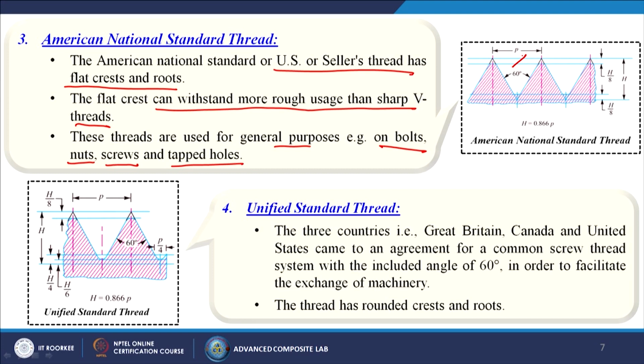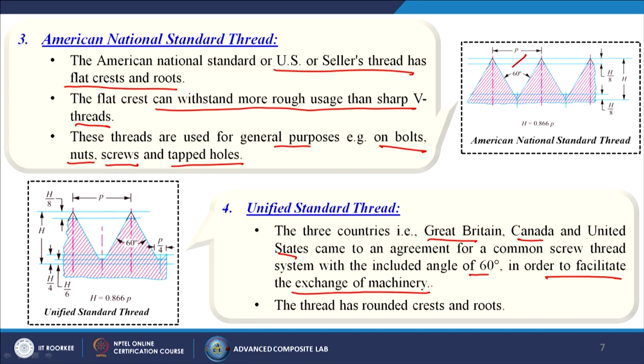Now, we can talk about the Unified Standard thread. The three countries, Great Britain, Canada and USA, came to an agreement for a common screw thread system with the included angle of 60° in order to facilitate the exchange of machinery.